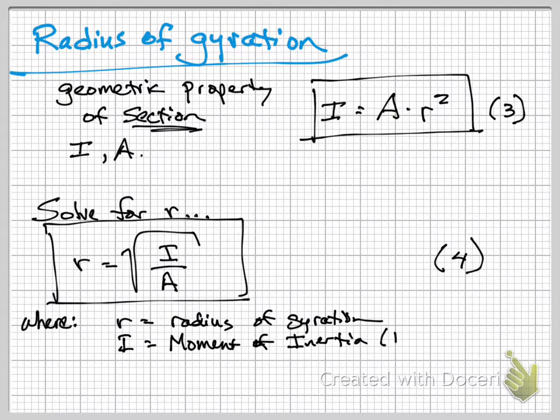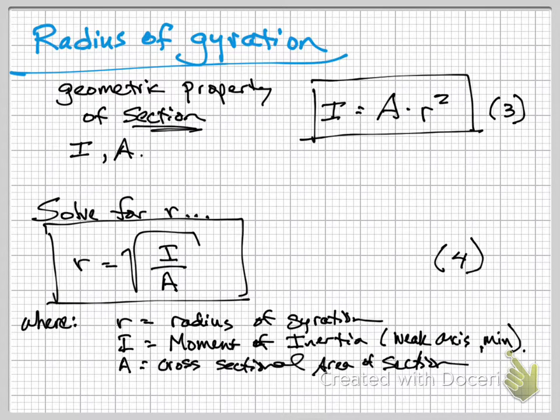Remember, that needs to be the weak axis, or the minimum possible. A is the cross-sectional area of the section. And I believe that sets up all of our definitions for us. So we can go ahead and look at comparing and setting up how do we know whether or not a column is short or slender.